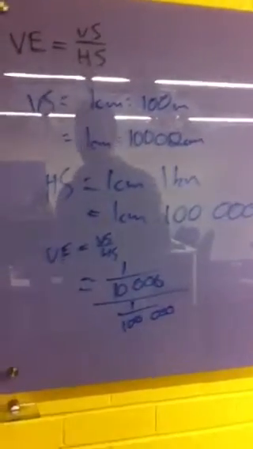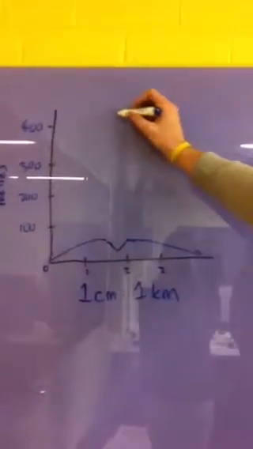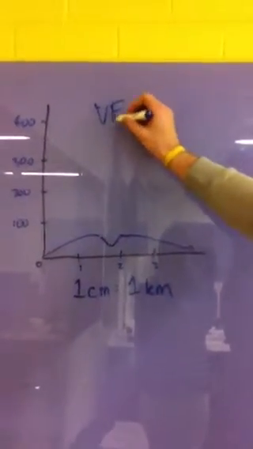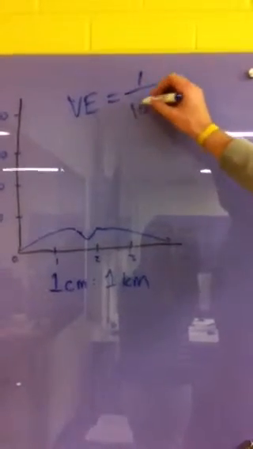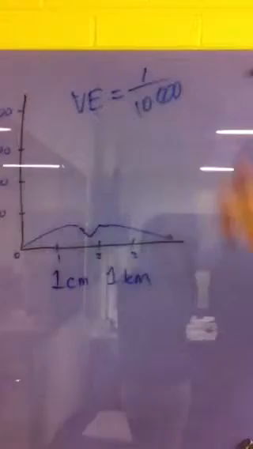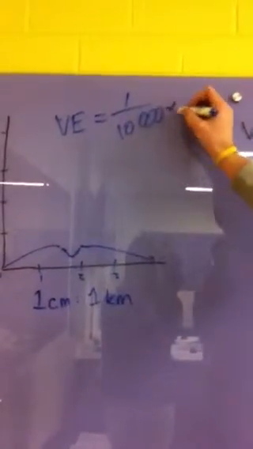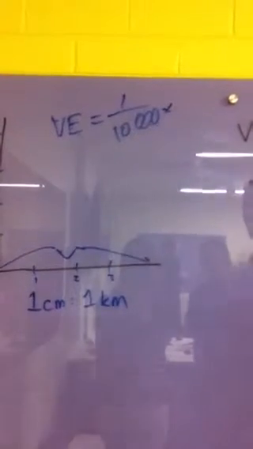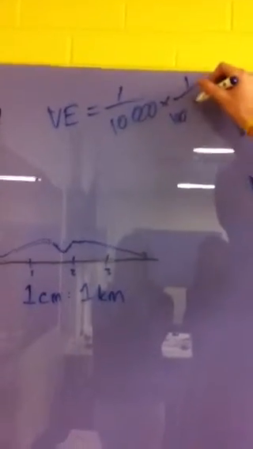Now we've got to invert and multiply again, so we'll just come back up to the top of the screen. So our vertical exaggeration equals 1 over 10,000, which is our vertical scale, multiplied by our horizontal scale, which is 1 over 100,000.